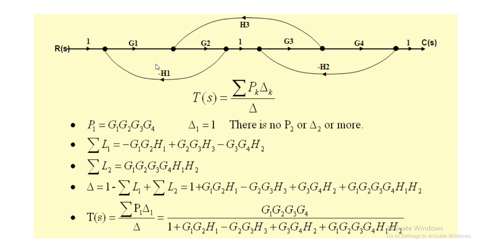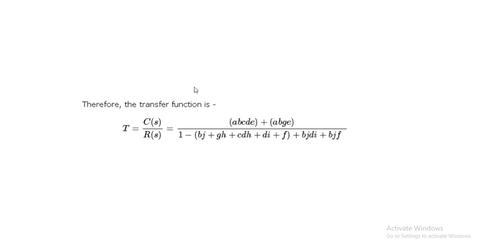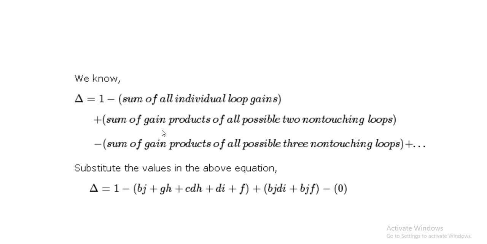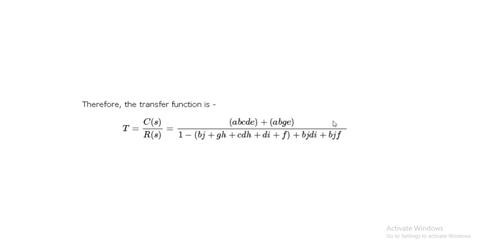So this is the first loop and this is the second loop. It is mentioned that it is a sum of gain products, and for a summation there must be a number of pairs, but we have only one, so we just take the multiplication of that one.